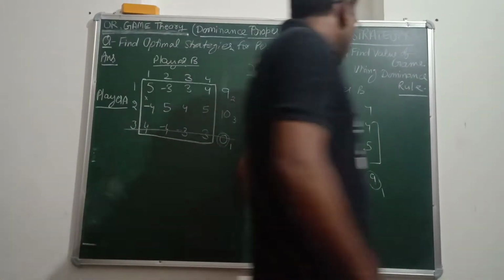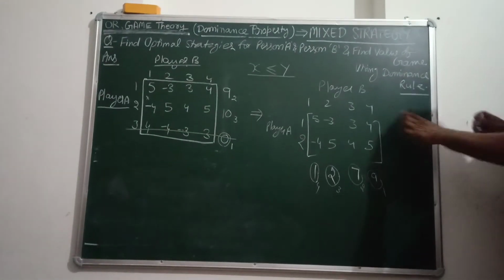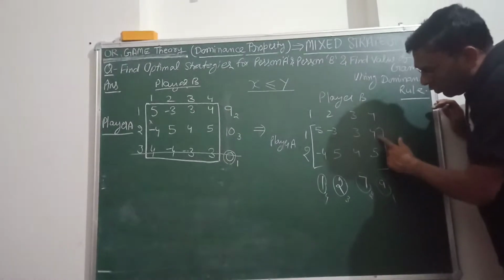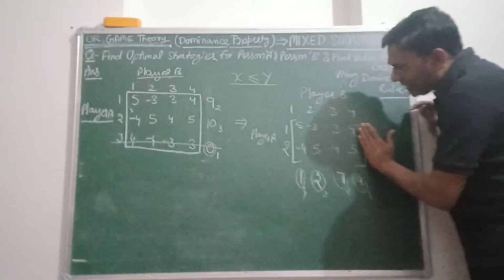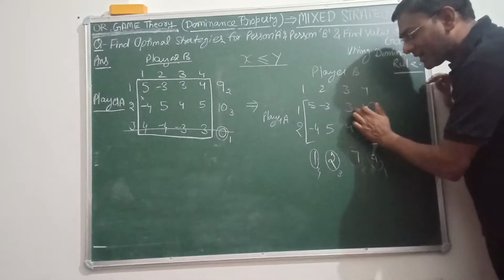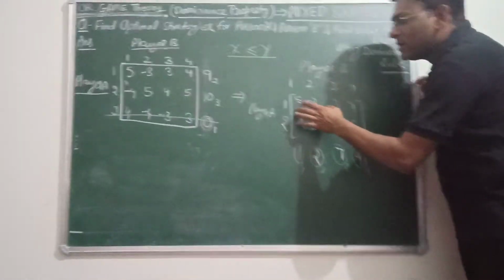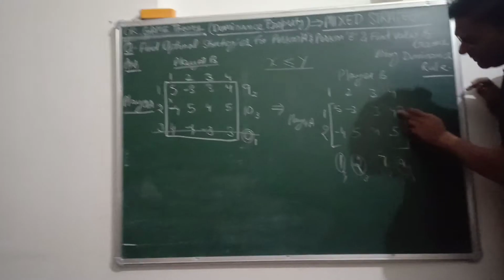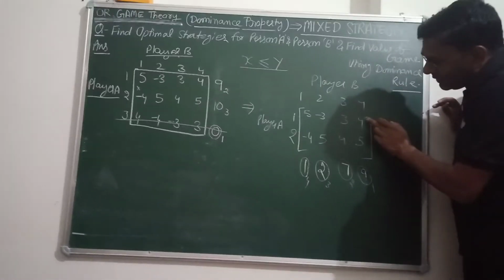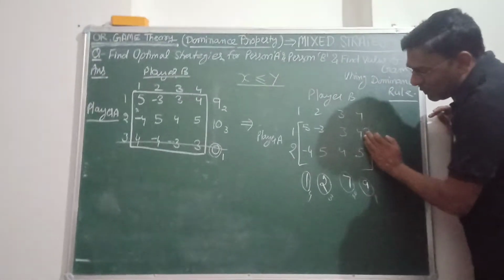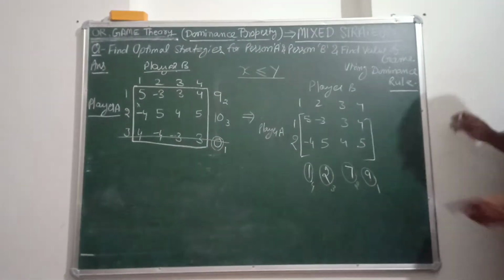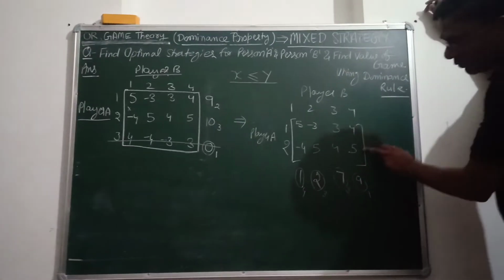Now you will see that as per the dominance rule, for eliminating a column, the entries in the column must be greater or equal to the corresponding entries of the other column. So for eliminating column 4, the values in column 4 must be greater or equal to the other values. Okay, so let us compare the values of the fourth column with the third column.